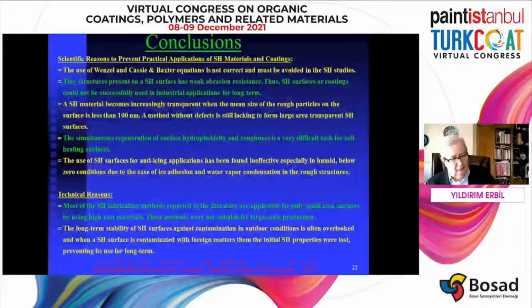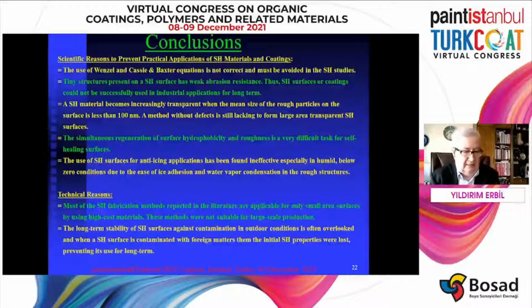Now I have to make a collection of the conclusions on the problems. As you may see, the use of the Wenzel and Cassie-Baxter regimes is not correct and must be avoided. The tiny structures present on a superhydrophobic surface have weak abrasive resistance. This is the most important problem, so they cannot be successful in industrial applications for the long term.